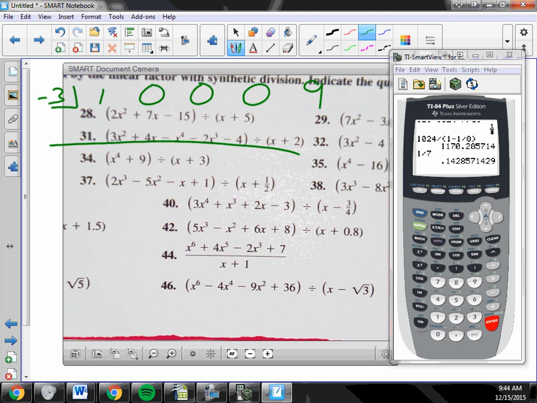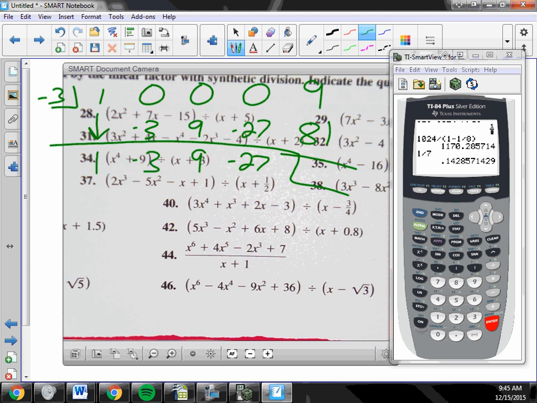So I draw the line, drop the 1, 1, negative 3, 0, 0. So that would be negative 3. That makes 9. Multiply those. Negative 27, negative 27. That's going to be 81. And add those together and I get 90.